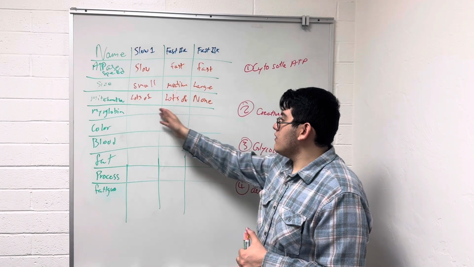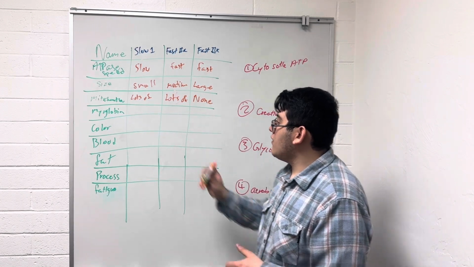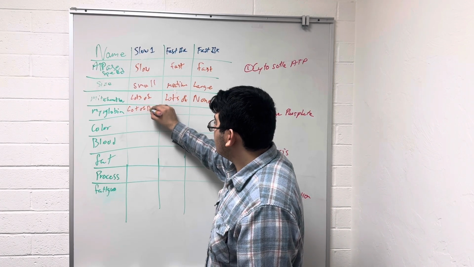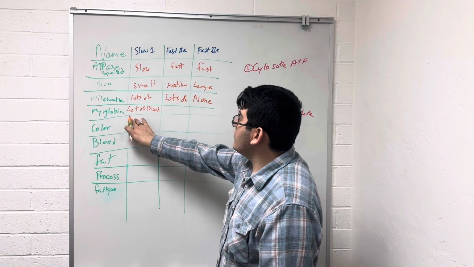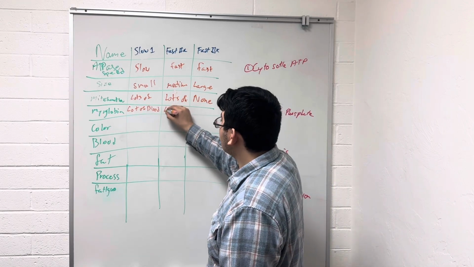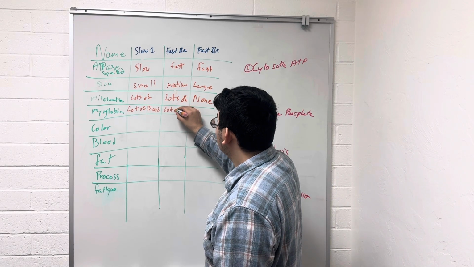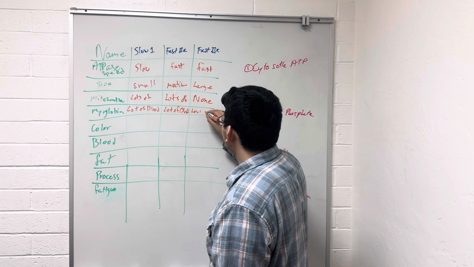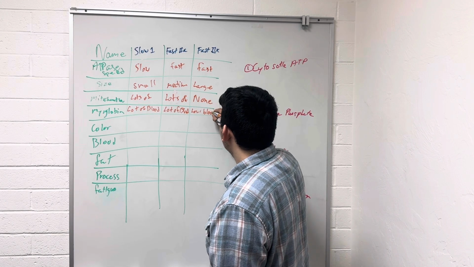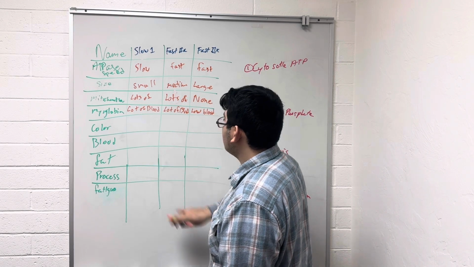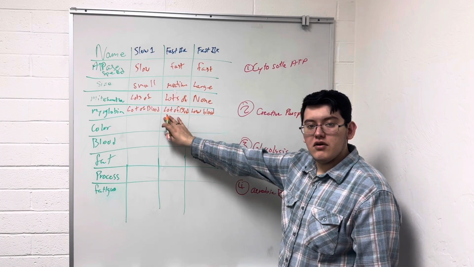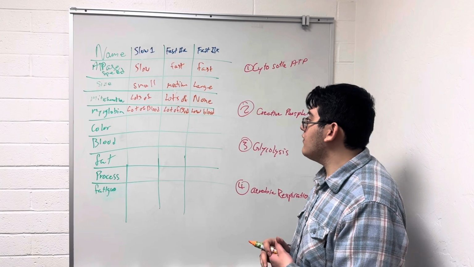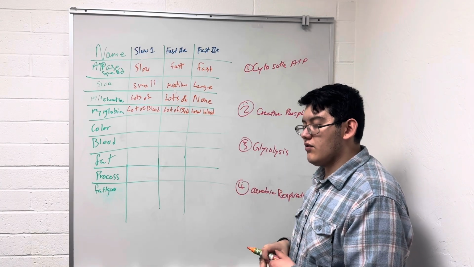While myoglobin here tends to have a lot of blood supply for the slow 1 and for fast 2A, over here you have a low blood supply. So you have lots of blood in slow 1 and in fast 2A, while in fast 2X you tend to have a low blood count, or not a lot.